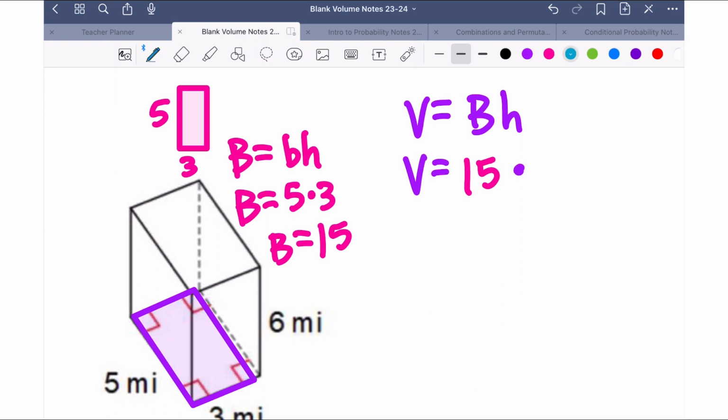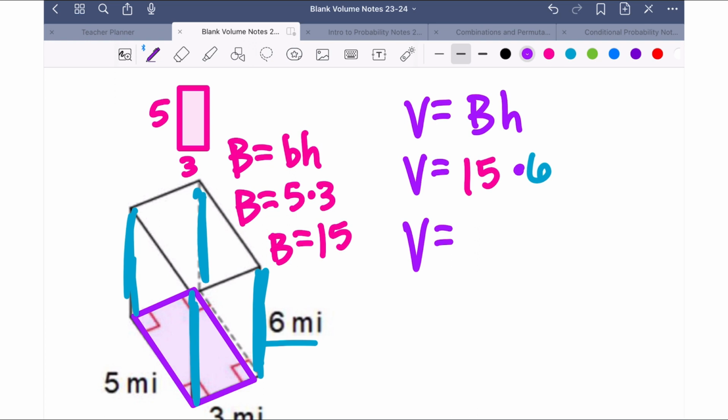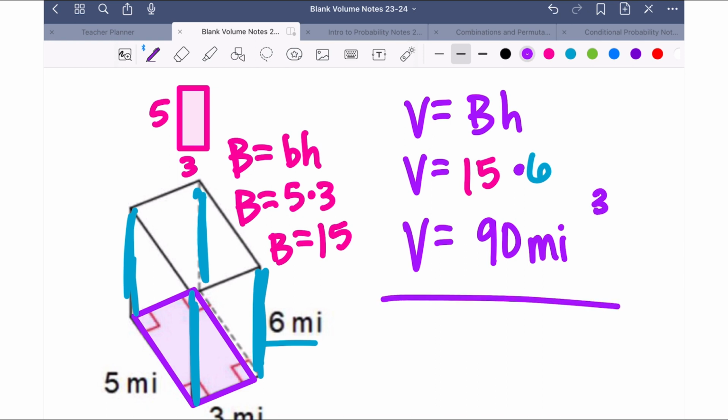How tall is it? What's the length between the two bases? 6. So 15 times 6 is 90. And for volume, it is cubed.